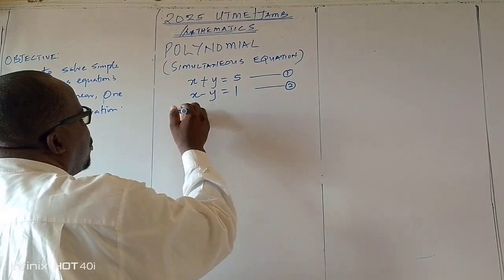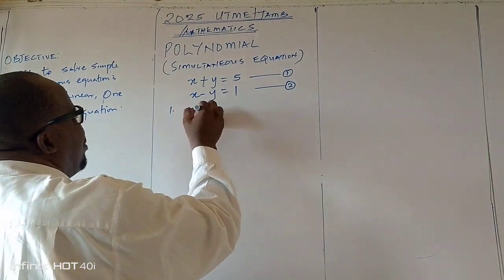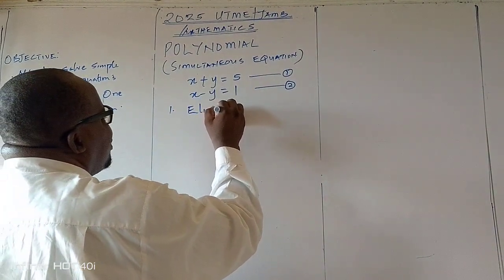Simultaneous equations like this can be solved using two methods. One, the elimination method.